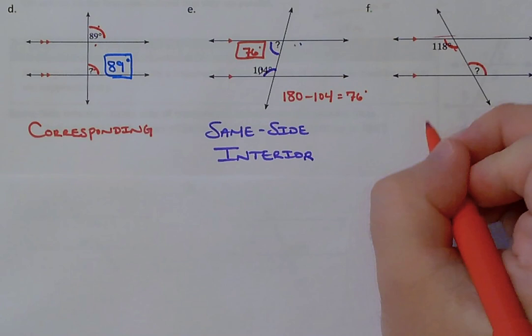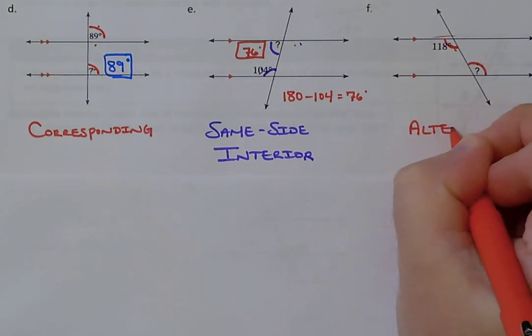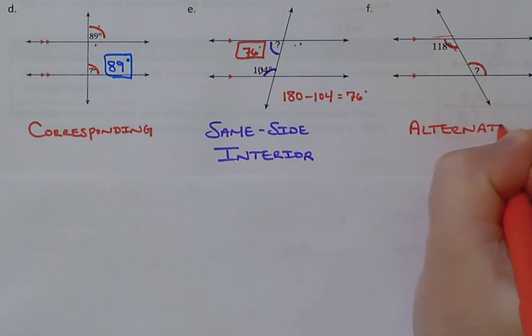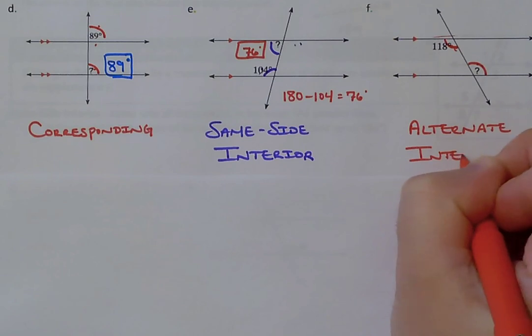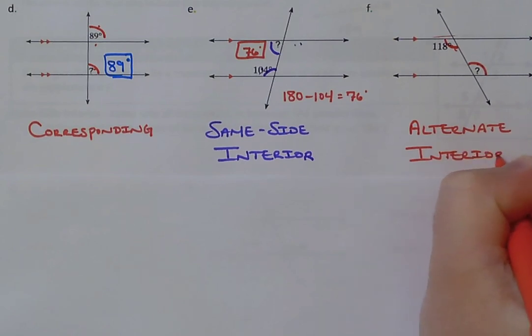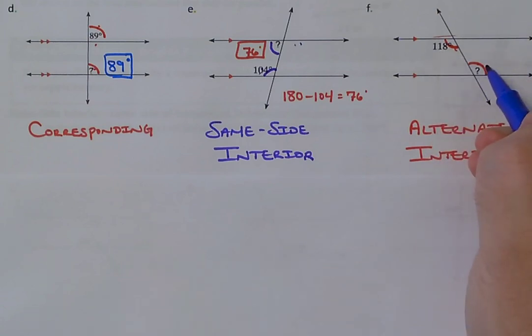So that means we have alternate interior angles. And because we have alternate interior angles, the thing that we know about them is that they are congruent to each other. That means they are the same measure. So if this is 118 degrees, that means this needs to be 118 degrees as well.